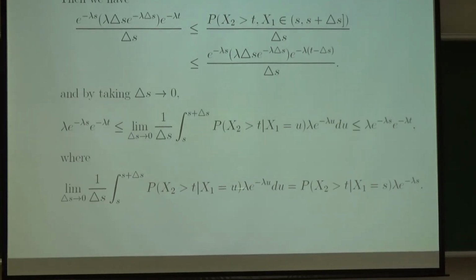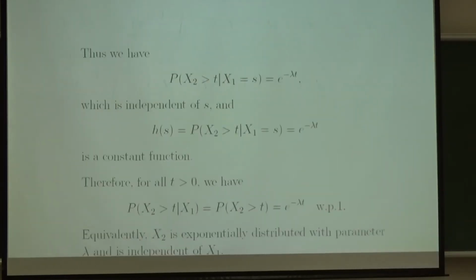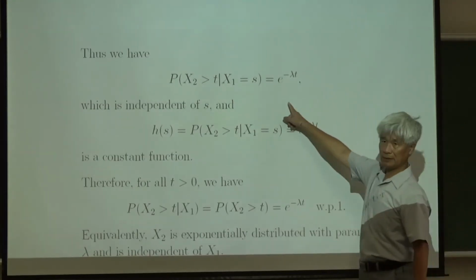So this limit is equal to this one, and now we find the conditional probability, because we established the identity.